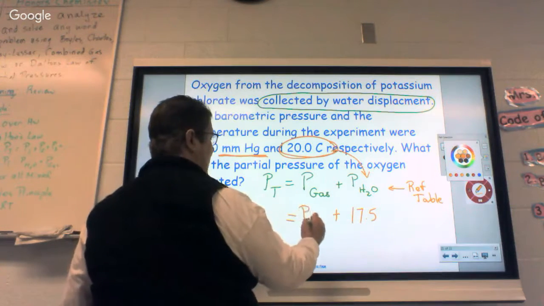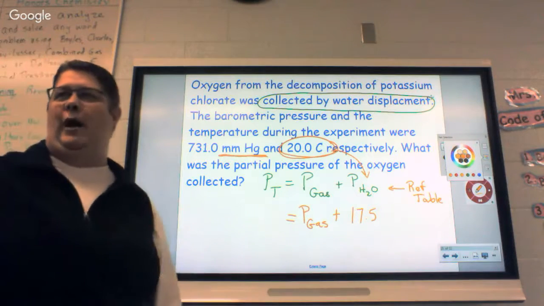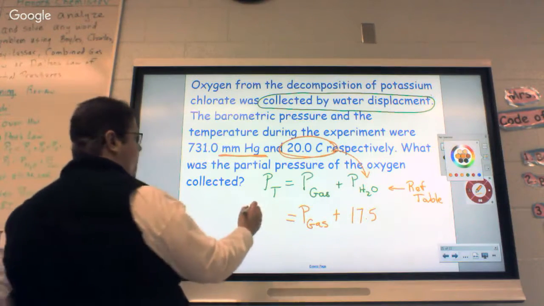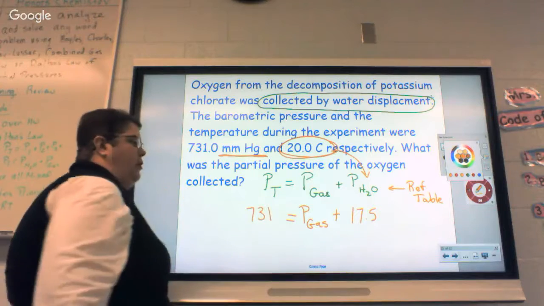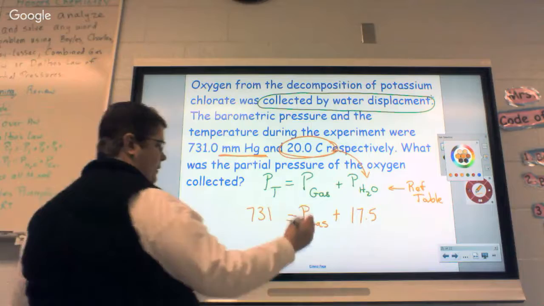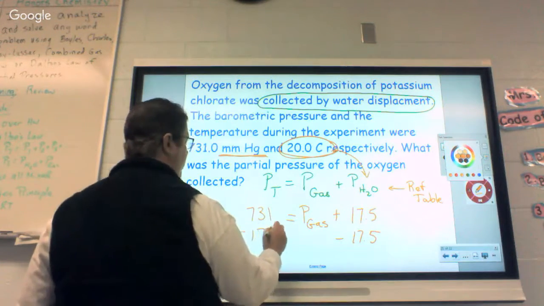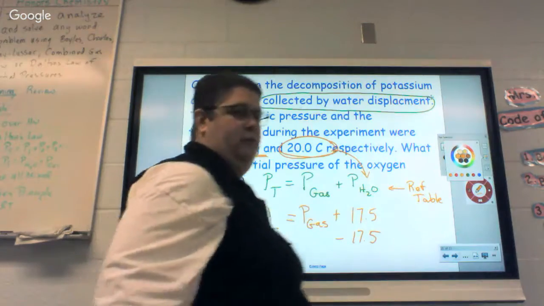So we're looking for P gas. That means the 731 has to be the what? Total pressure. So, what are we doing in order to find P gas? We're subtracting. So subtract 17.5 and get your answer.